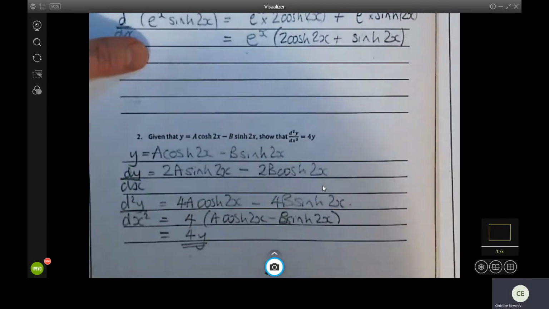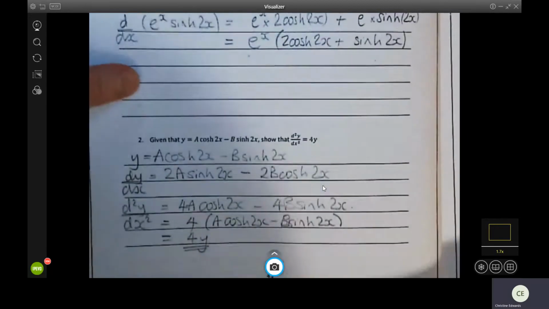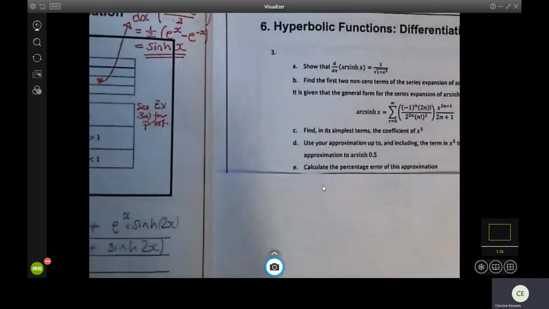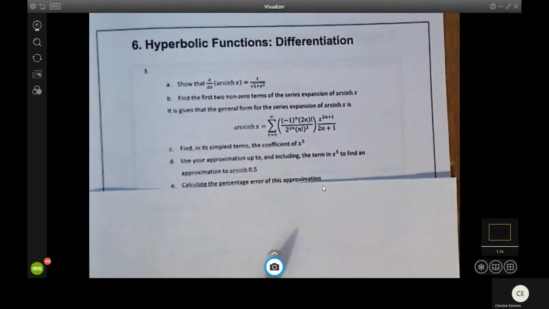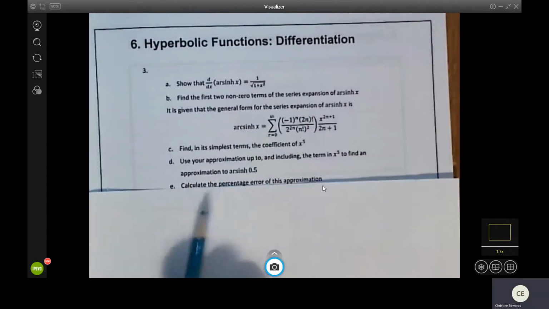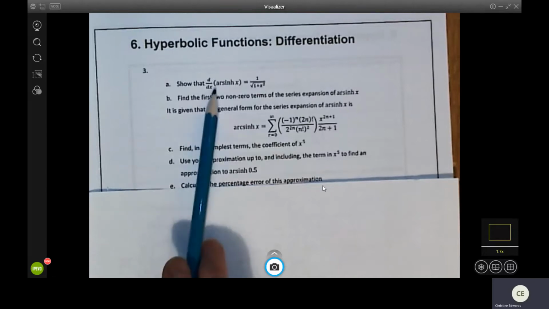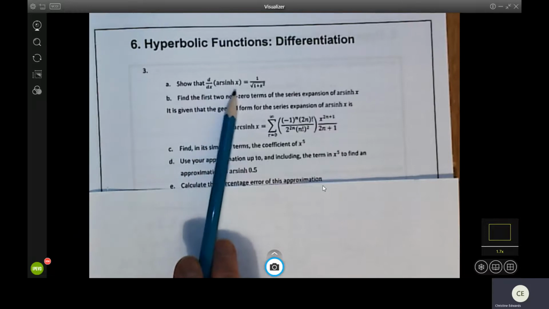We're now going to move on to question 3, which comes from the textbook but is a useful question to work through. Part A derives the result for the differentiation of the inverse of hyperbolic sine, and we could do a similar piece of work for hyperbolic cos or hyperbolic tan and their inverses.